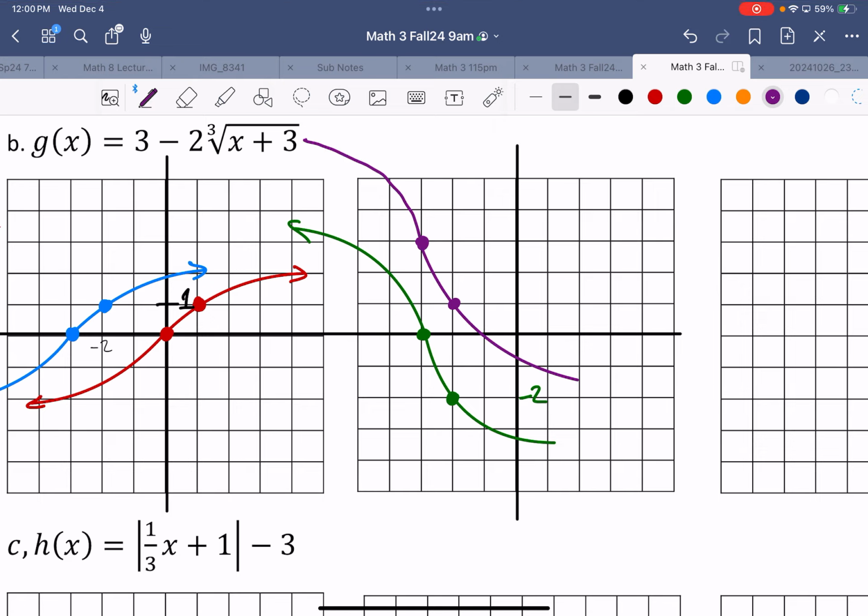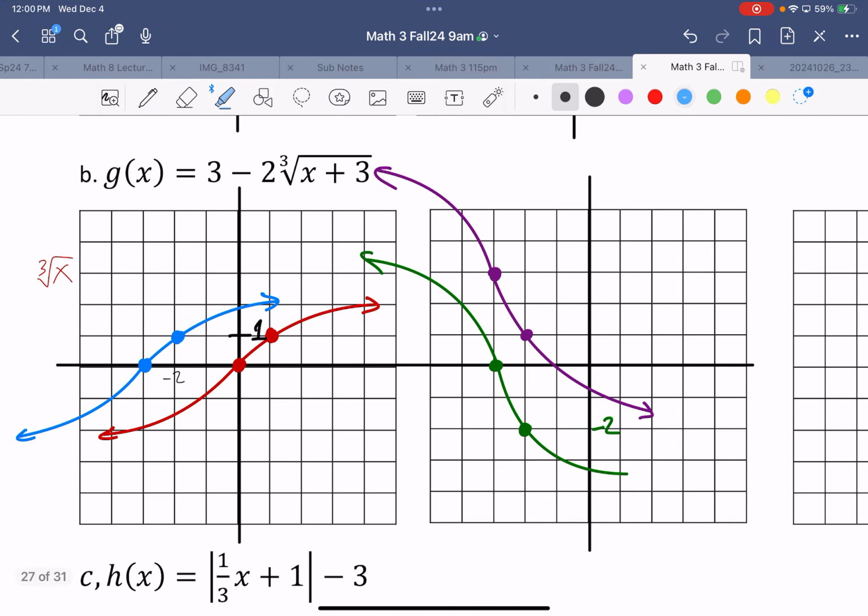And we curve it. So 1, 2, 3. And the parent function was the cube part. So 1, 2, 3, 4.